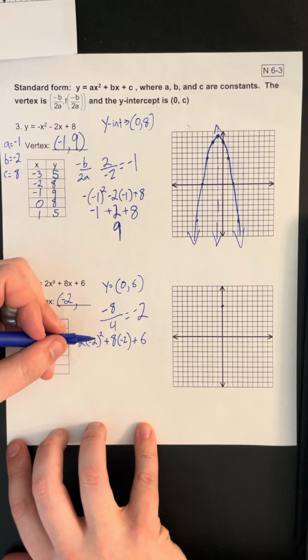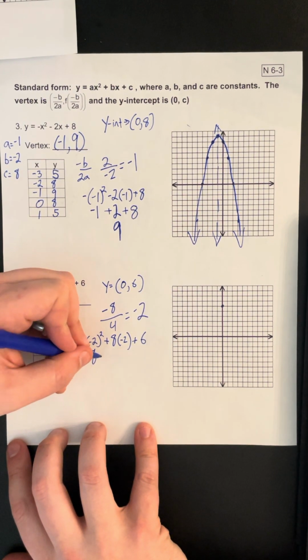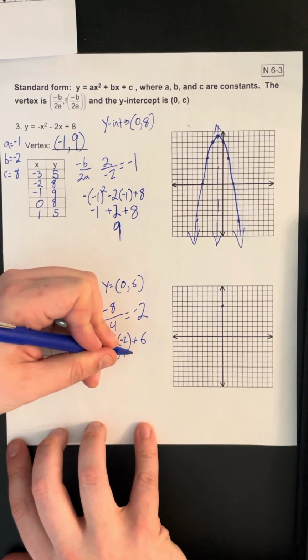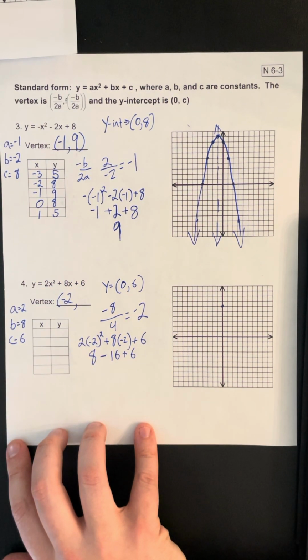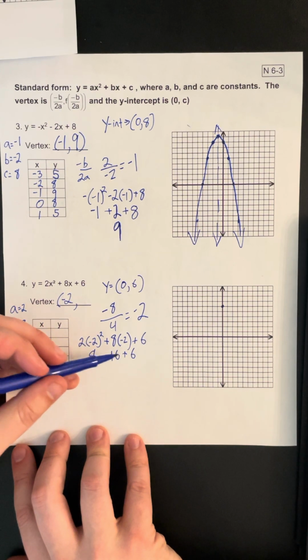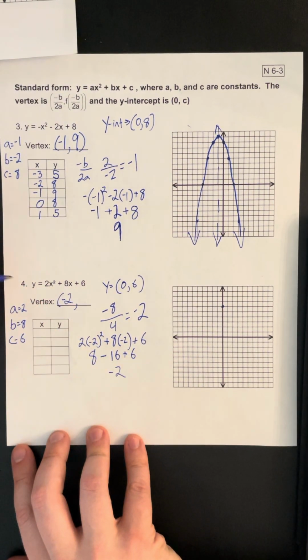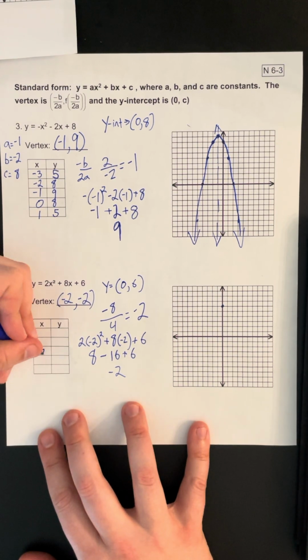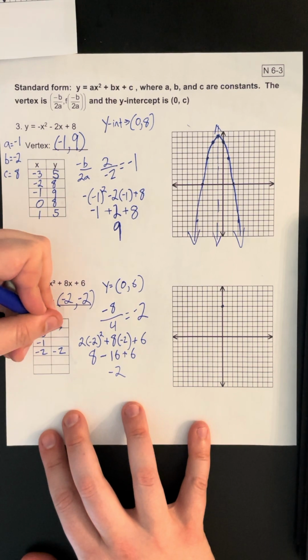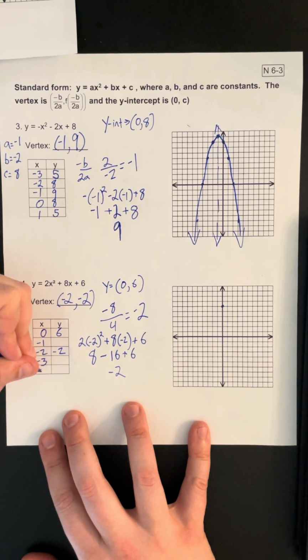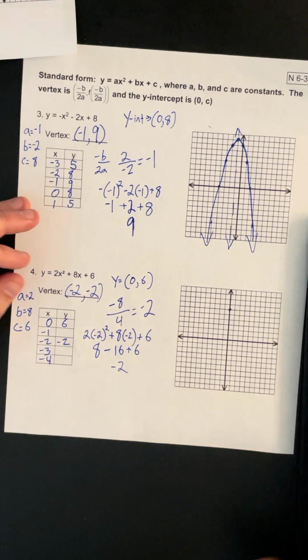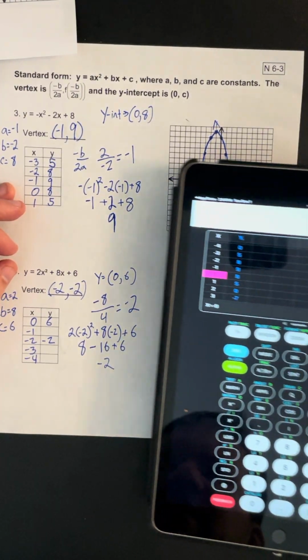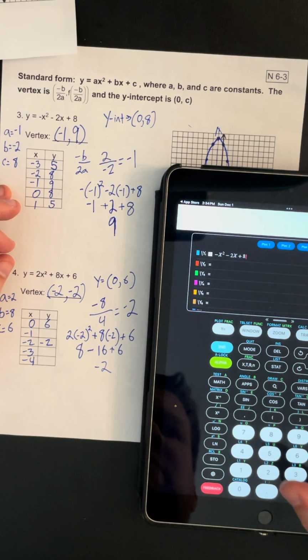So 2 times 2 is 4. Gives me an 8 there, minus 16 plus 6. Gives me -8, -2. So looking like my vertex is going to be -2, -2. And I did that a little bit backwards than what we normally do it, but that's all right. Just ended up going the other way with my numbers.